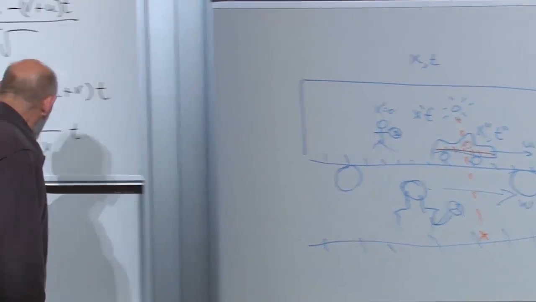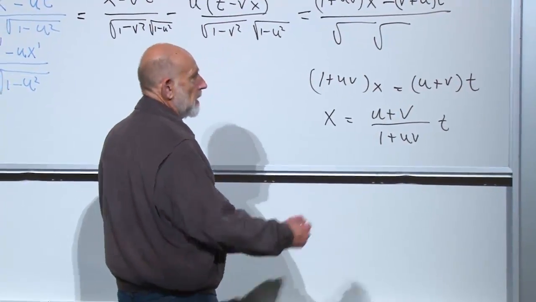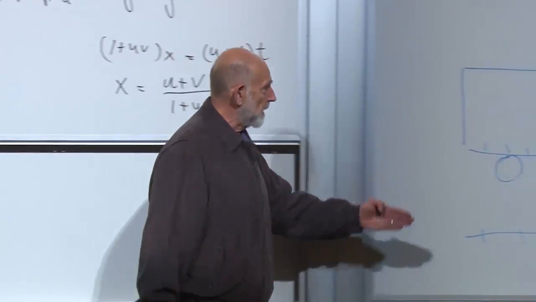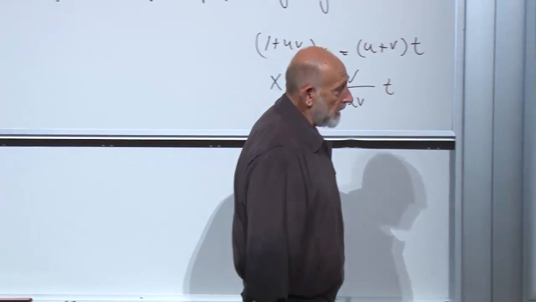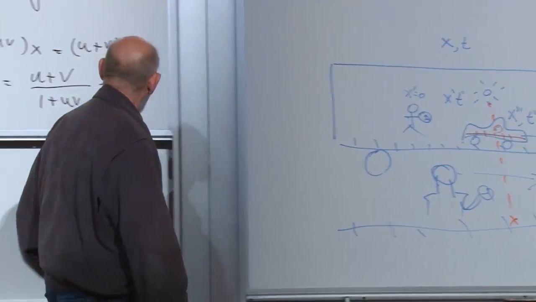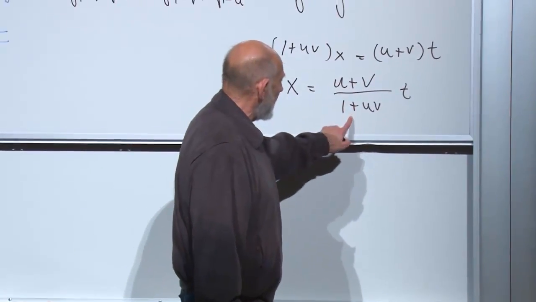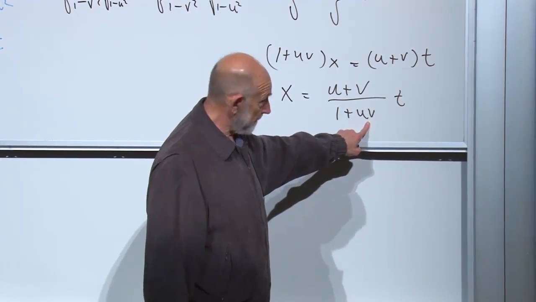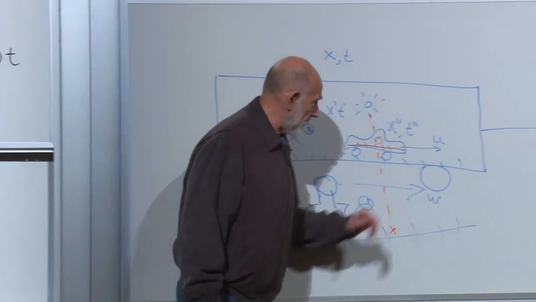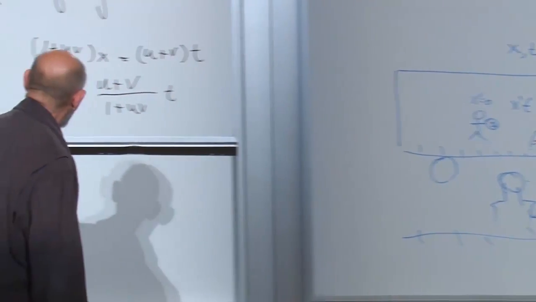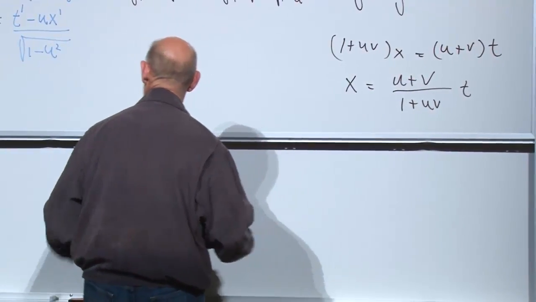All right, but another way to say it is just that the stationary observer sees the kiddie car moving along with velocity u plus v over 1 plus uv. So we now know what w is. That's exactly what w is. We worked it out.